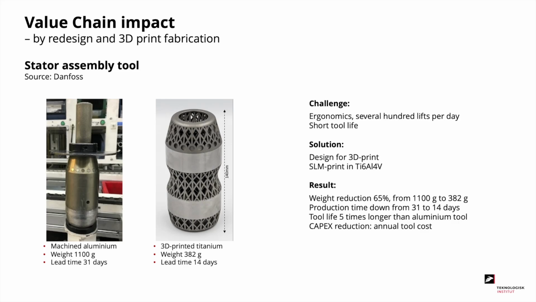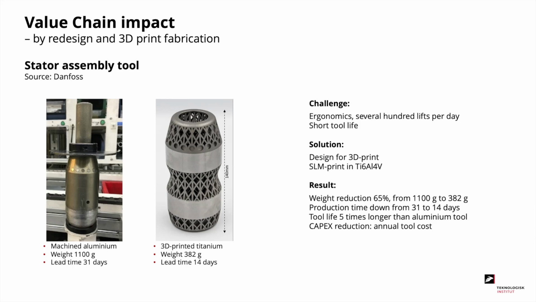The main purpose of reducing the weight for this tool was to improve the ergonomics for the operator, because the operator has to lift the tool several hundred times per day. In addition, the tool life wasn't too long, so if we could improve that, it would be excellent. The solution is, as mentioned, designed for 3D print and then printed using the SLM technology in titanium.